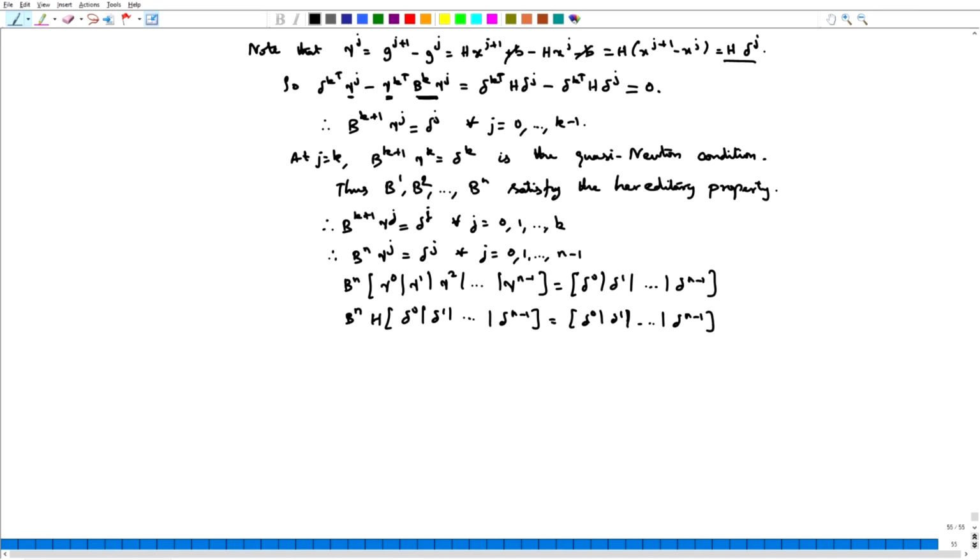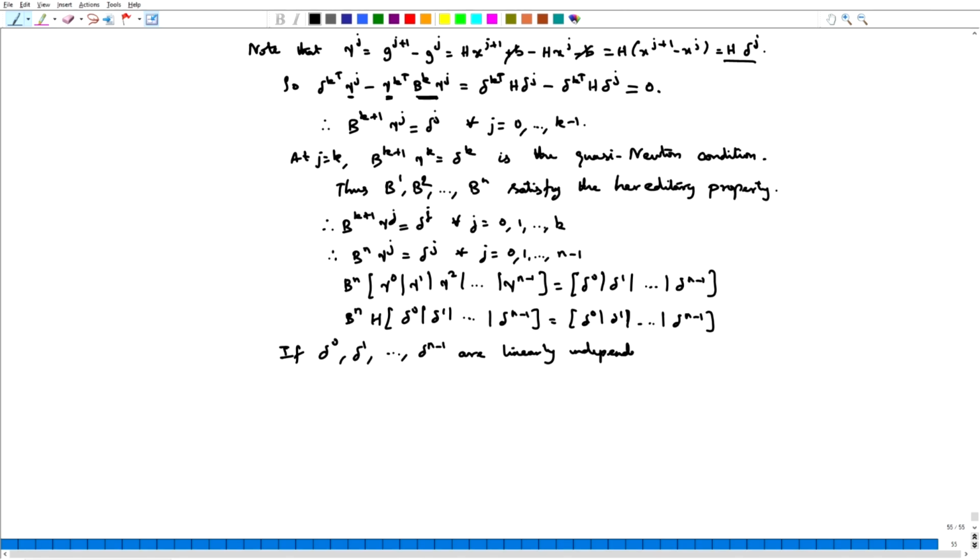Okay. So, if delta 0 dot dot dot delta n minus 1 are linearly independent, then B n H has to be the identity matrix, which means B n equals H inverse. Okay.